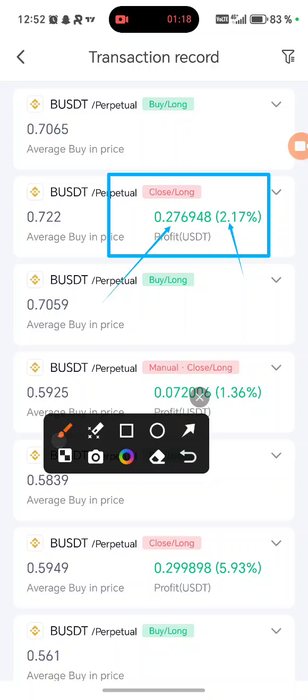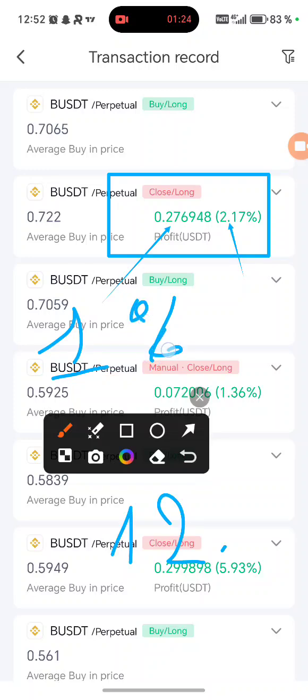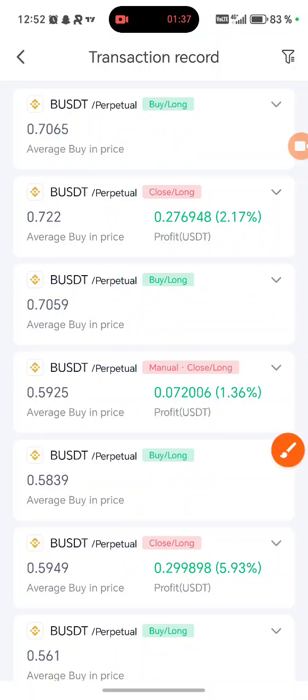Because 1% of $12 will be giving you 0.12 cents. So if I made 2%, it means 0.12 cents times 2.